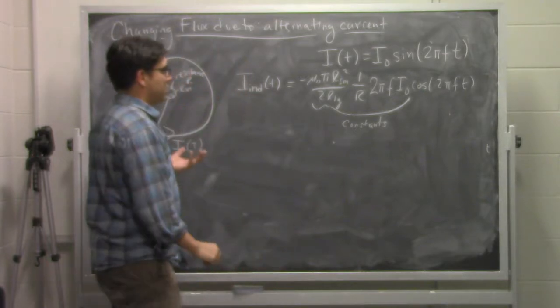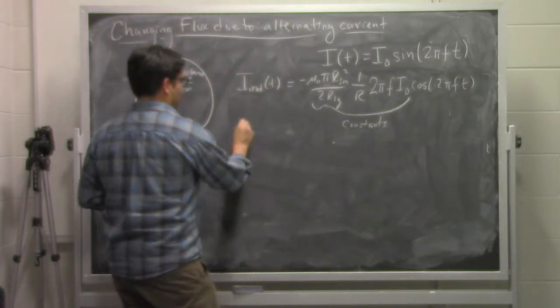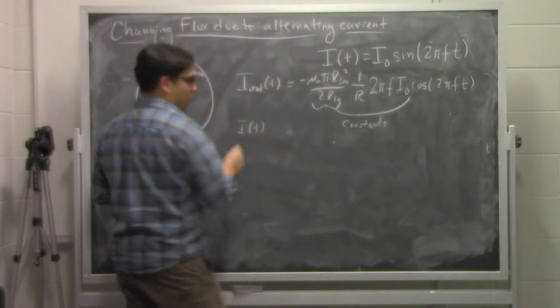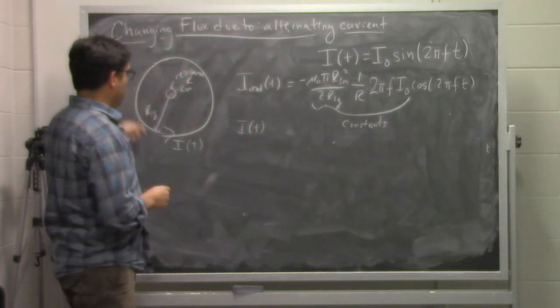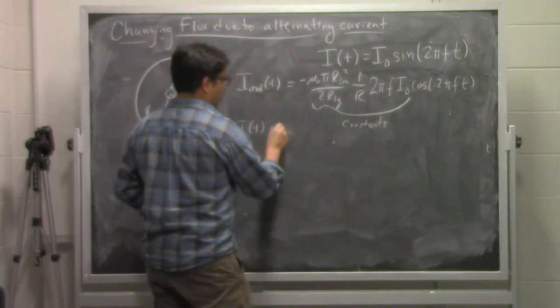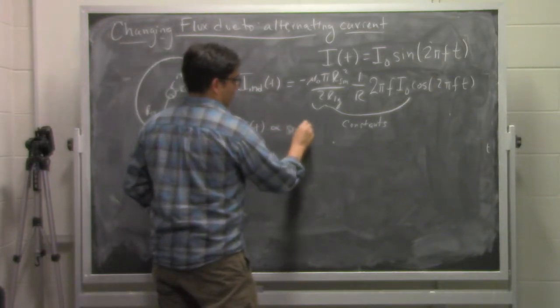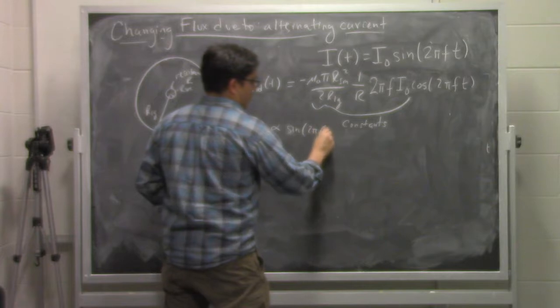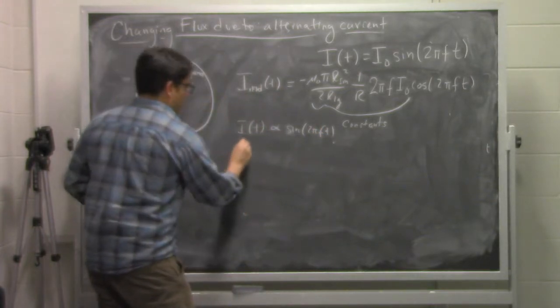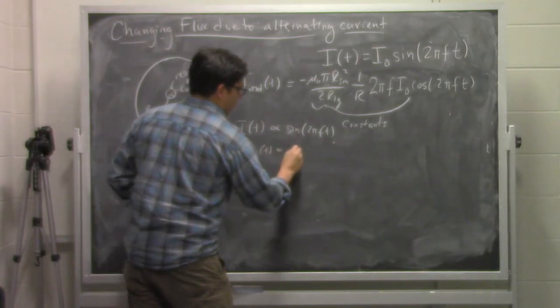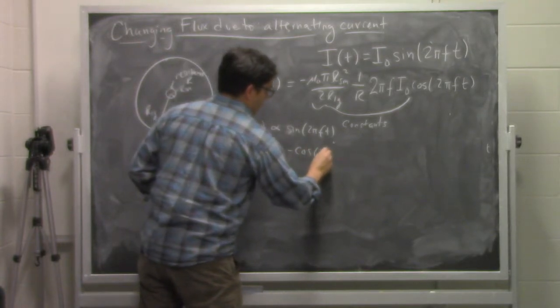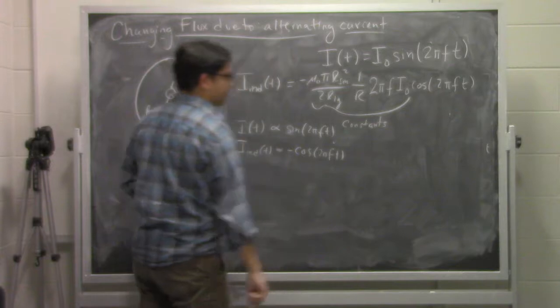So the relationship that's really quite interesting is that the current that we drive the circuit with, that is the current that we're driving around the larger loop, is proportional to sine of 2 pi f times t, whereas the induced one is proportional to minus cosine 2 pi f t.